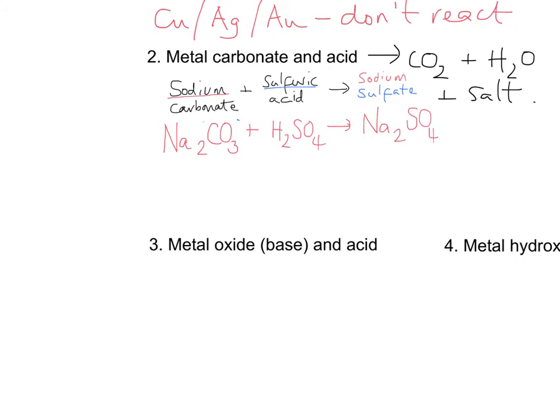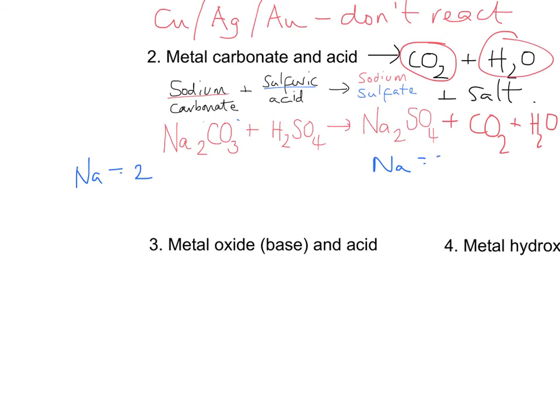Then I simply need to add to that the other products, so carbon dioxide and water are my other products, so CO2 plus H2O. Now, I need to check that this is balanced, so I'm going to switch to blue here and just count up. Sodium, I've got 2 over here. Sodium, I've got 2 over here. Carbon, I've got 1.